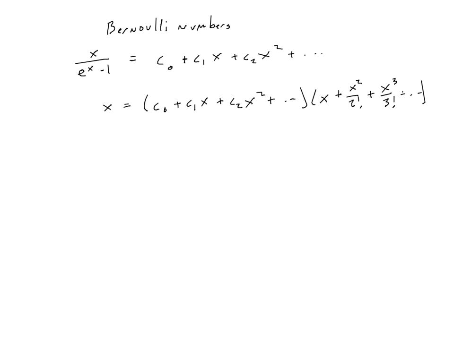We can now simplify this even more, divide through by the x, and we have 1 is equal to c0 plus c1 x plus c2 x squared plus etc., times 1 plus x over 2 factorial plus x squared over 3 factorial, etc. And now you can just multiply this out term by term, and then you can equate the like powers of x.